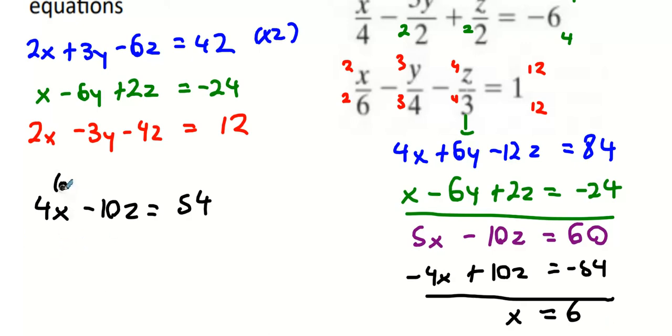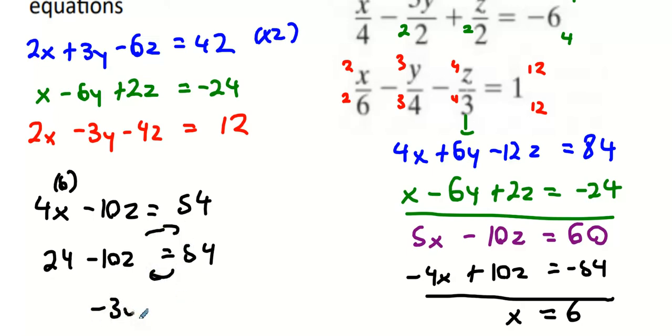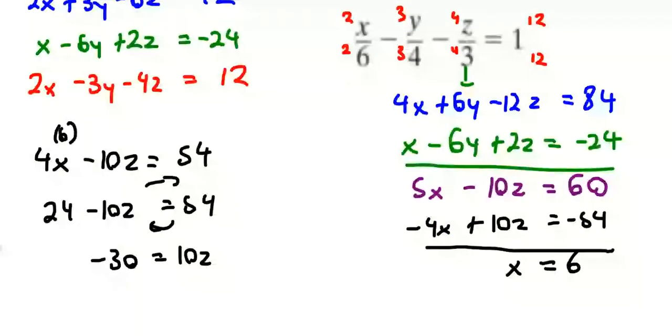4 times 6, 24. Take away your 10z is 54. I'll bring the 10z to the right and the 54 to the left. -30 equals 10z. And divide by 10 both sides. Z equals -3. That's fair enough, whatever you want to do.